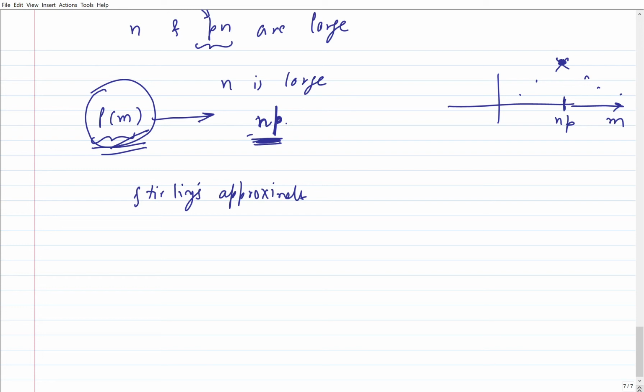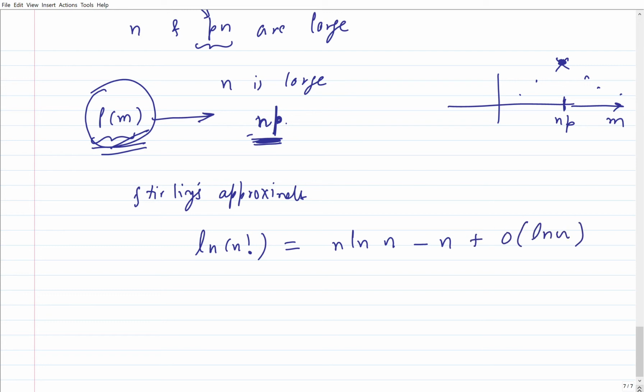But the best way to write it down is the following: log n factorial is approximately n log n minus n plus some term of the order of log n.